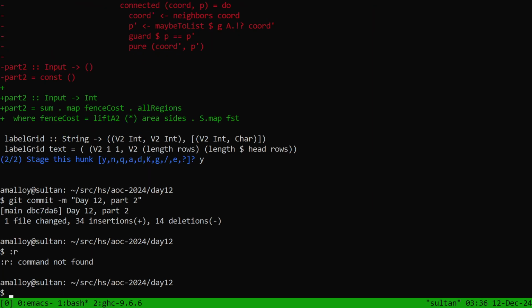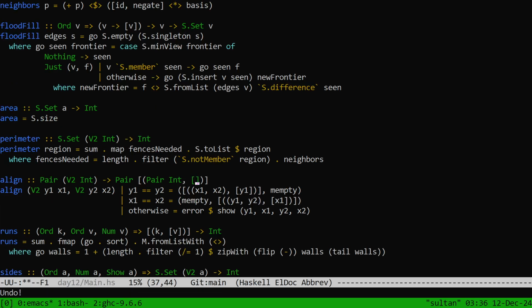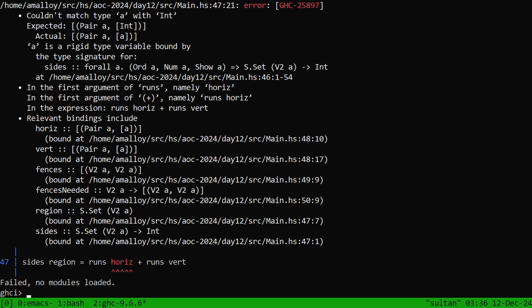Okay, first of all, does that type check? No. So, okay. So that's fine. Align is confusing, we'll leave that. Here, I think I want to leave k as ORD and make v into int, because it makes some sense. We don't care what the key is. I think that's okay. Confirming that compiles? No, of course it doesn't.